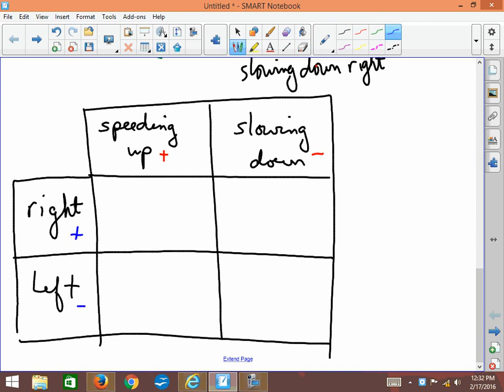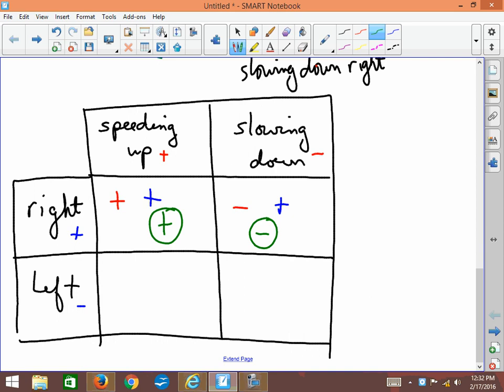If I match up the first two, I get a plus from the speeding up matched up with a plus from the going right. Well, two pluses make one big giant plus. So a positive acceleration for speeding up to the right. If I match over here on the second one, I get a negative for the slowing down, but I get a plus for the right, and a plus and a minus in math go together to make a negative. So negative acceleration is slowing down to the right, or deceleration.